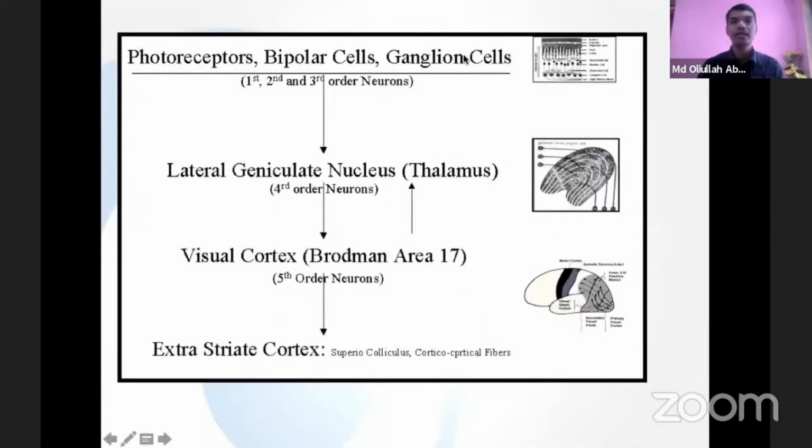This slide explains that in amblyopia, the first, second, and third order neurons, which are predominantly in the retinal layers, like photoreceptors, bipolar cells, and ganglion cells, are normal. So you don't see any issues there. What actually happens is in the lateral geniculate body, which is the fourth order neuron, and then the visual cortex, the fifth order neurons.